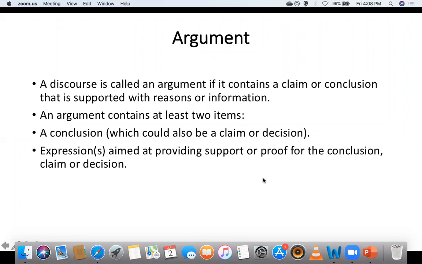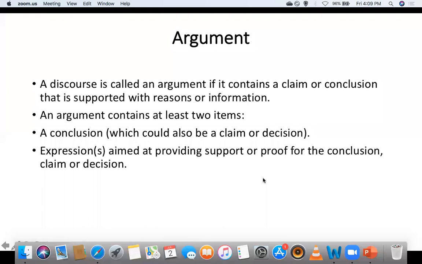A discourse is called an argument if it contains a claim or conclusion that is supported with reasons or information. So an argument is basically a passage that contains a claim that is supported with reasons or information or evidence. An argument contains at least two components.